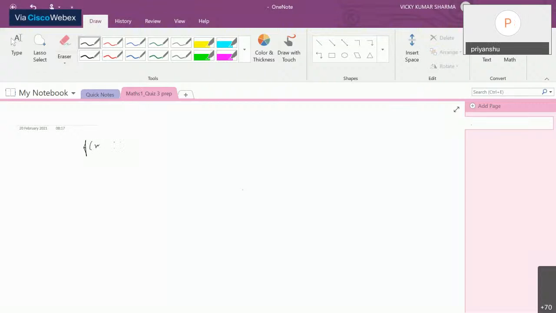Here f of m is given to us: log 10 of m plus 1 minus half of log of m plus 1 times 0.01, right? Here m represents some month days, right?